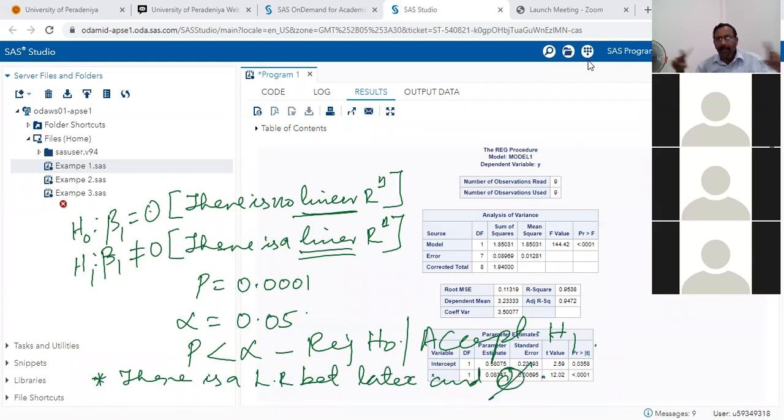You can write in words, diameter of rubber trees. Once you say there's a linear relationship, everybody understands. No problem.